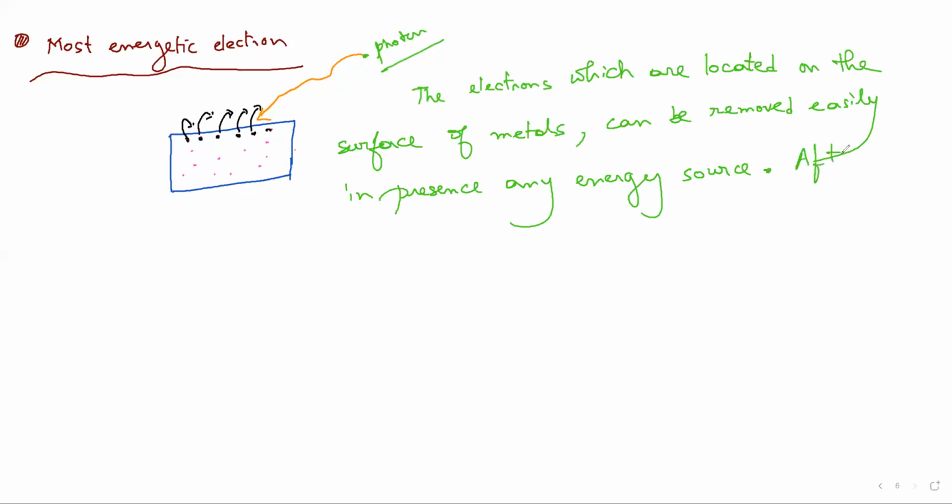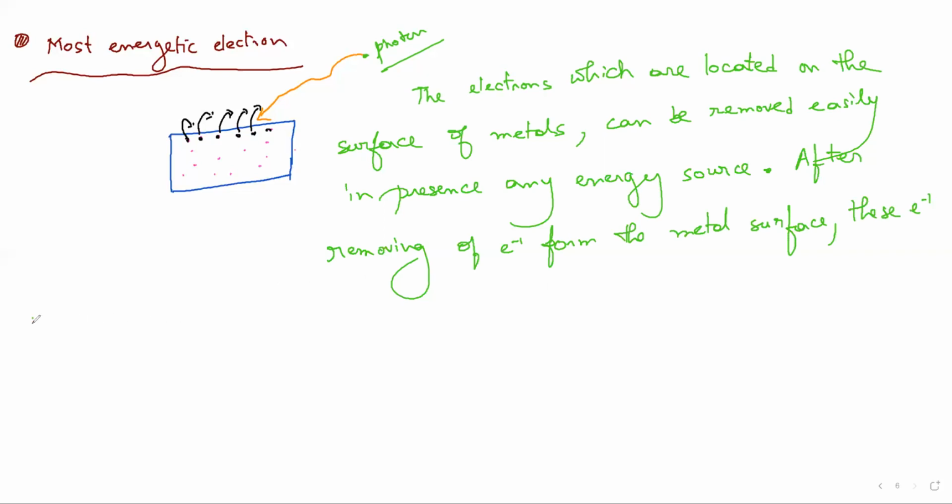After removing the electron from the metal surface, these electrons easily participate in chemical reactions.